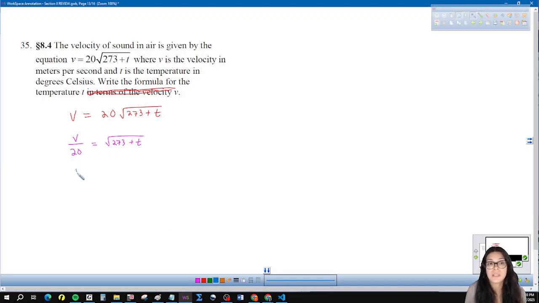So this will be V squared over 20 squared, which would be 400, since it's 20 times 20. And that'll get rid of the square root on the right side. So it's just 273 plus T. And then of course, to get T completely by itself, I just have to subtract 273. So T equals V squared over 400 minus 273.